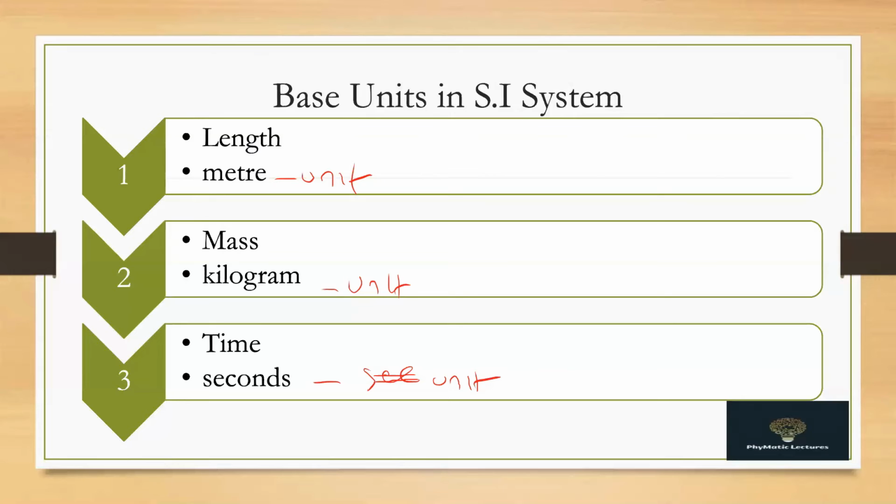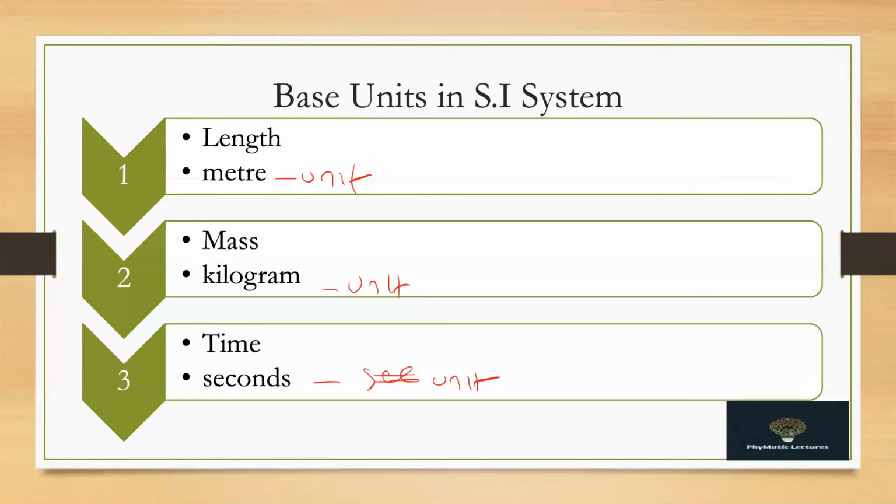Now, for example, how is 1 meter defined? You might be wondering, what is 1 meter or 1 kilogram, 1 second? So I'll give you one clue on how they calculate 1 meter. We know the speed of light, right? Approximately 3 into 10 to the power of 8 meter per second.